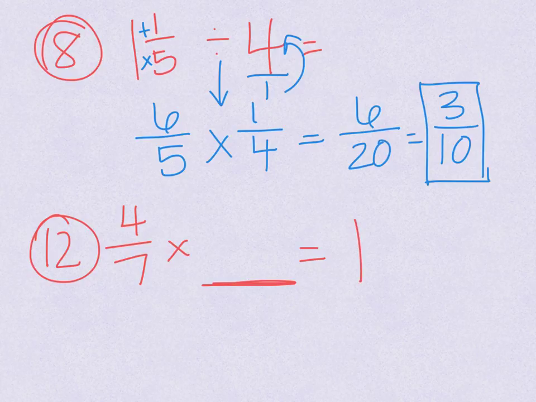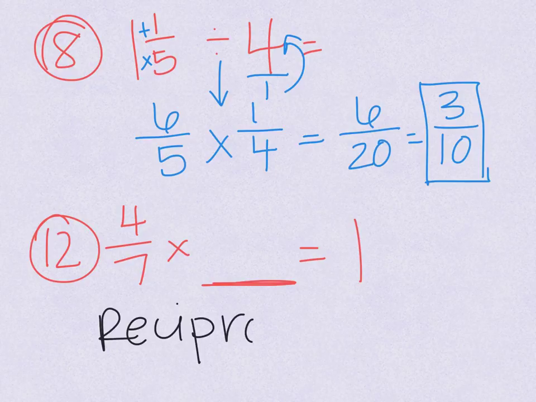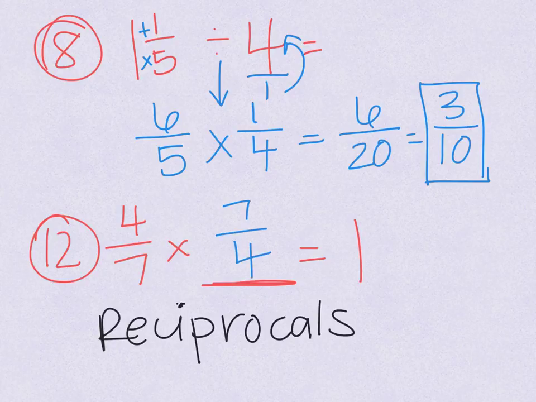This is where we are thinking about our awesome reciprocals. We know that anything times its reciprocal will equal 1, and we know that a reciprocal, you are simply flipping your numerator and your denominator. So that would mean 7/4 would be our answer for that one, and filling it in the blank.